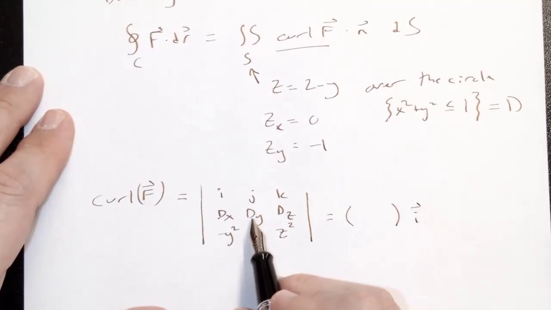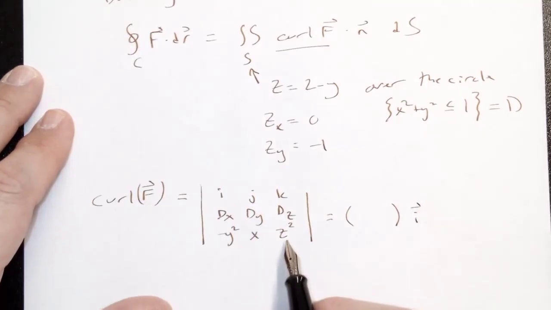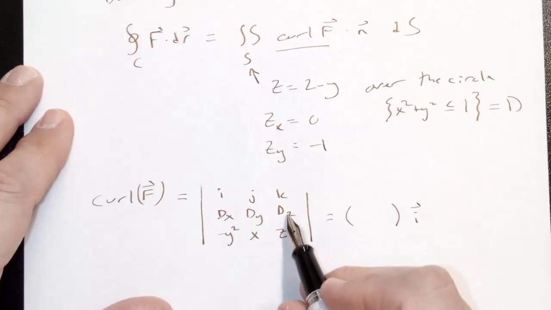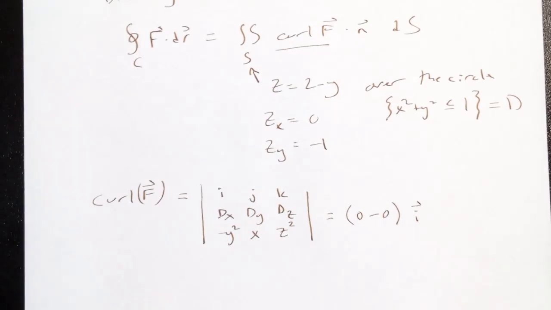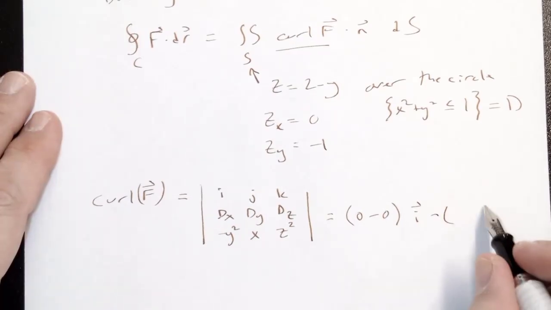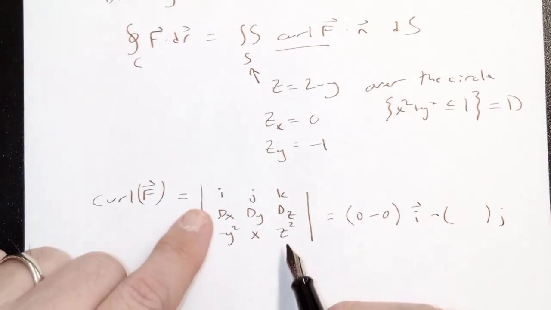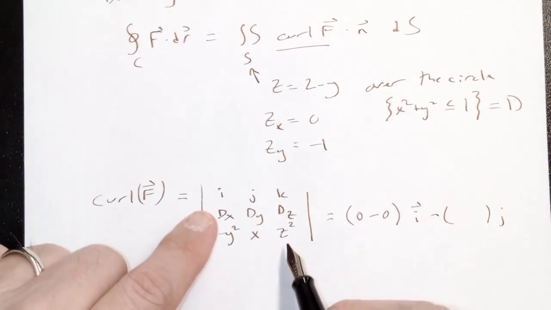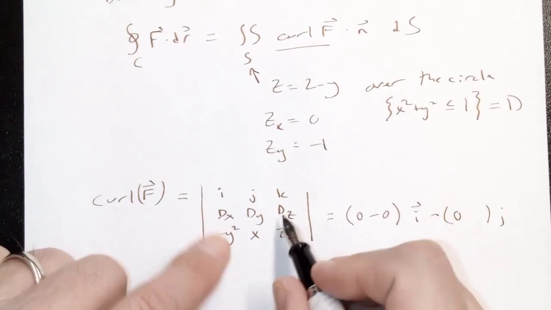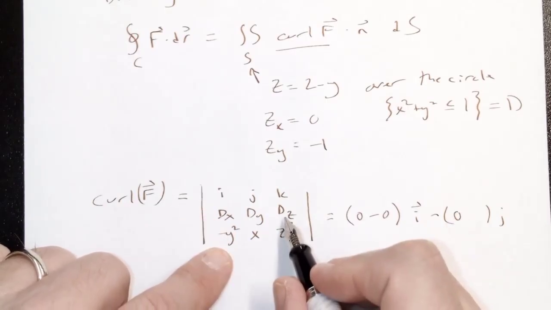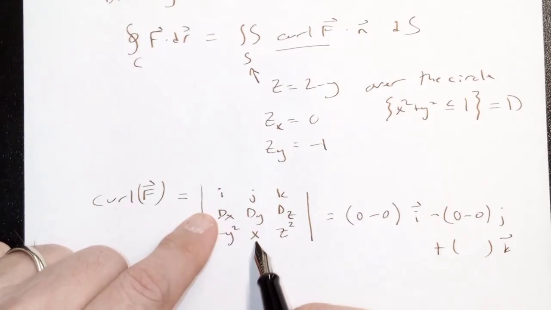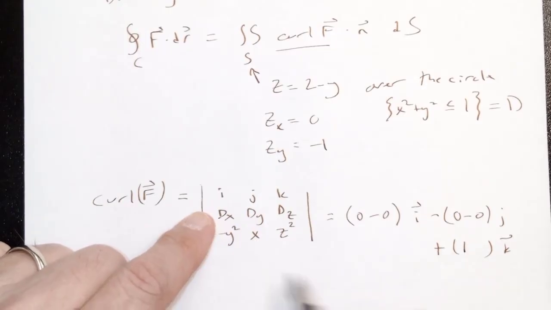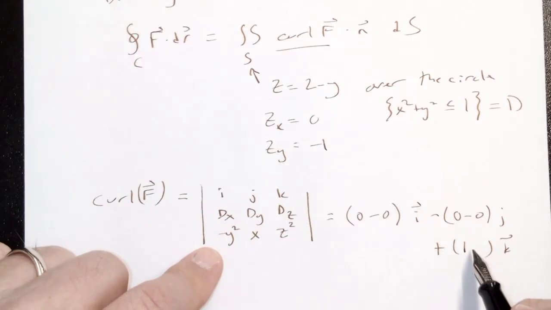The derivative with respect to y of z squared, the derivative with respect to z of x, minus something j, the derivative with respect to x of z squared, the derivative with respect to z of y squared, plus something k, the derivative with respect to x of x, the derivative with respect to y of minus y squared.